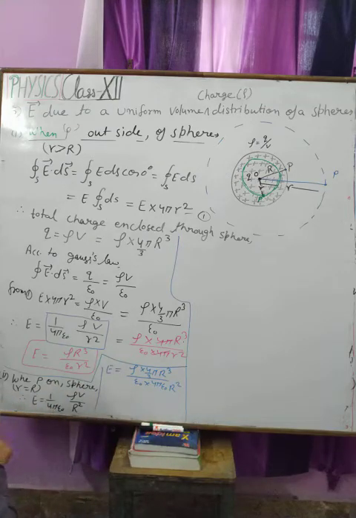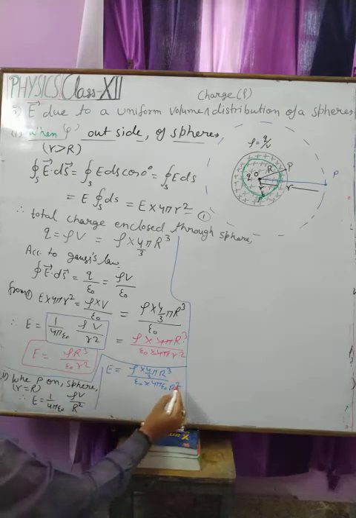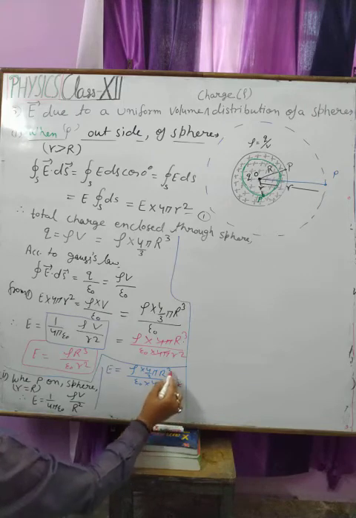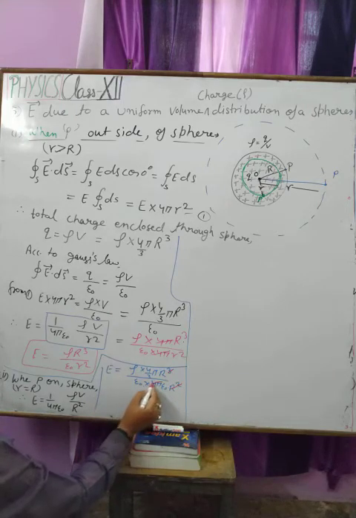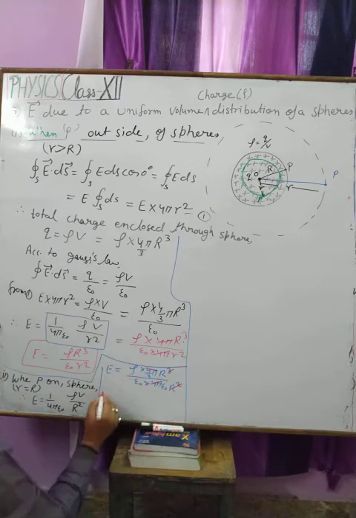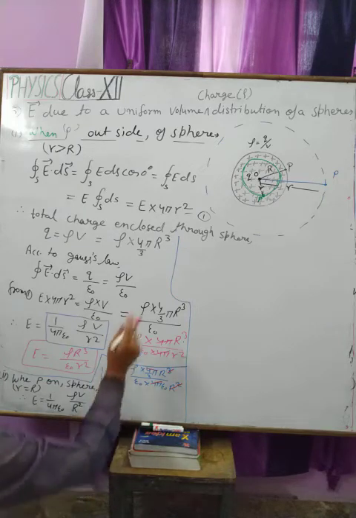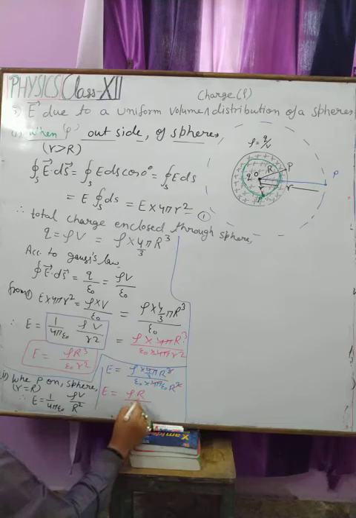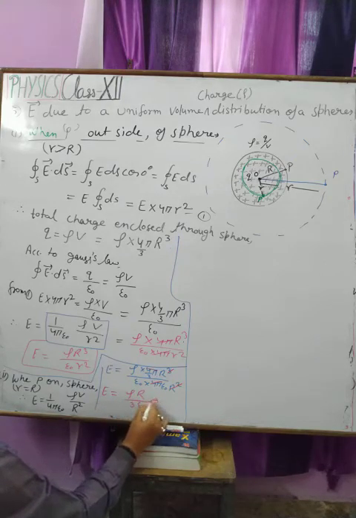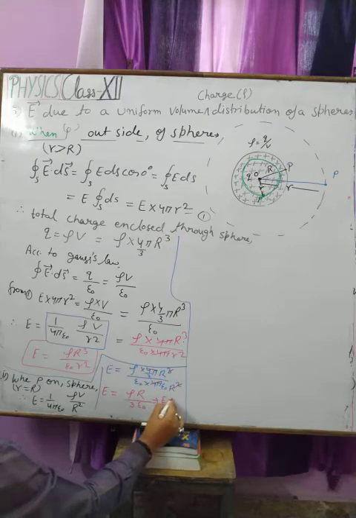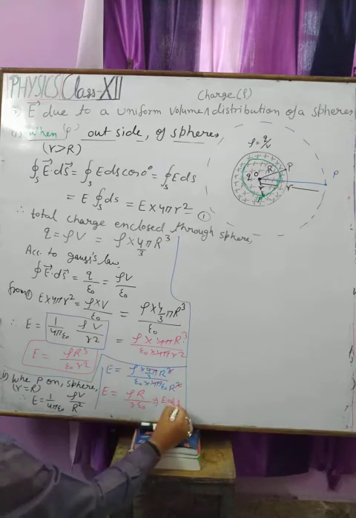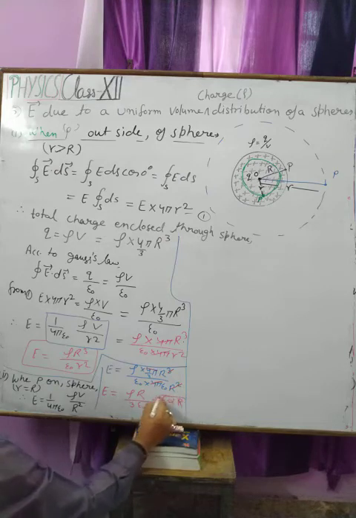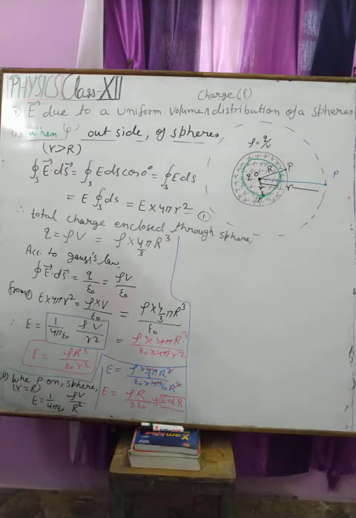So students, you are finding here this value is cancelled by this cube and this 4 pi is cancelled. So we are getting the electric field on the surface is rho R upon 3 epsilon naught, that is E is proportional to r. जैसे जैसे r बढ़ता है it will be increased.